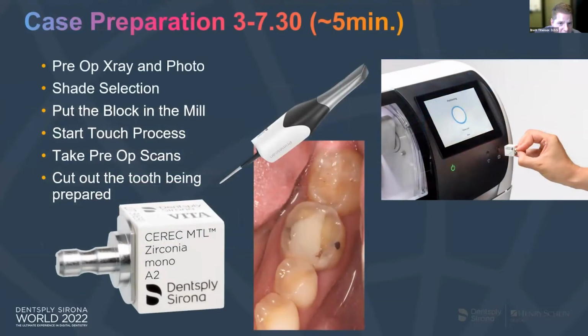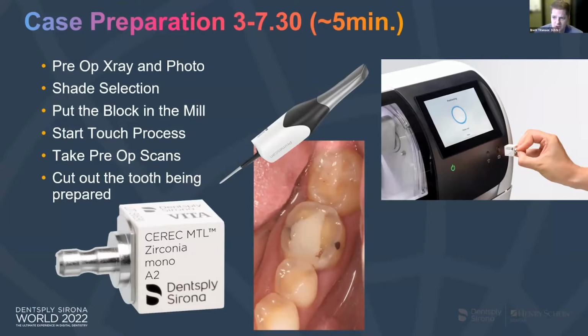So during that initial 3 minutes to 7 and a half minutes, that first 5 minutes while they're numbing, this is where, one, the assistants make sure we have a pre-op x-ray. Two, we're getting shade selection. And once we have the shade, you want to go and put your block in the mill. It can run the touch process. So all of that is ready to go.